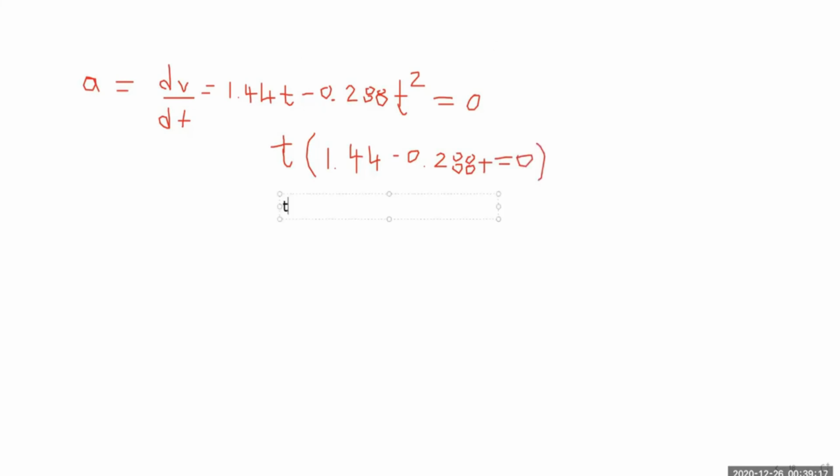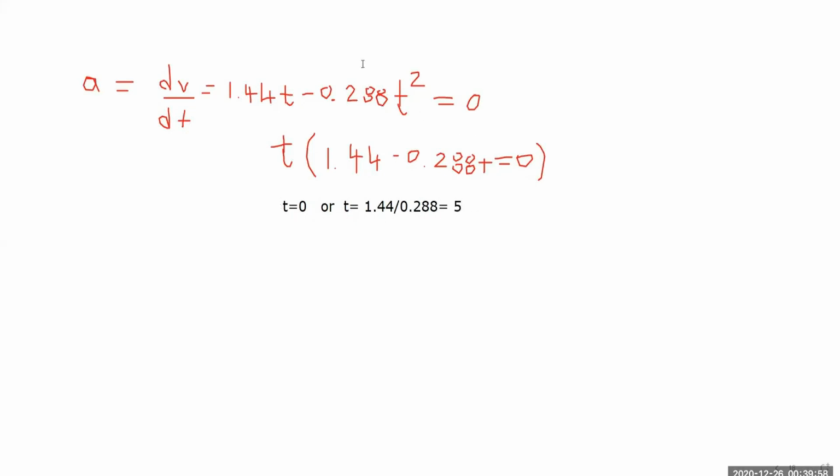We're going to get that t is equal to 0 or t is equal to 1.44 divided by 0.288. And what is that working out to be? 1.44 divided by 0.288, that is 5. So either t equals 0 or t equals 5.